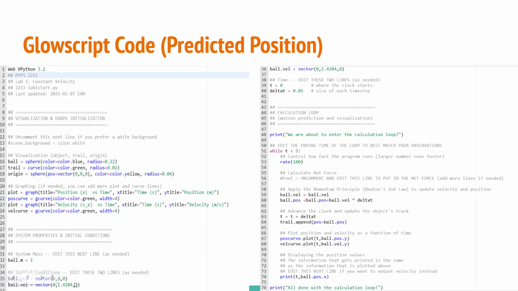I got the position because, of course, the ball started at a vector of 0, 0, 0, or a point of 0, 0, 0, and then for the velocity, using tracker, I was able to see that the ball moves at approximately 1.4 meters per second, and then I plugged that into the code, and it gave me my computational model. And then for the while loop, to show how the ball is continuously moving, you just compare the ball to the position and then you multiply by delta t.